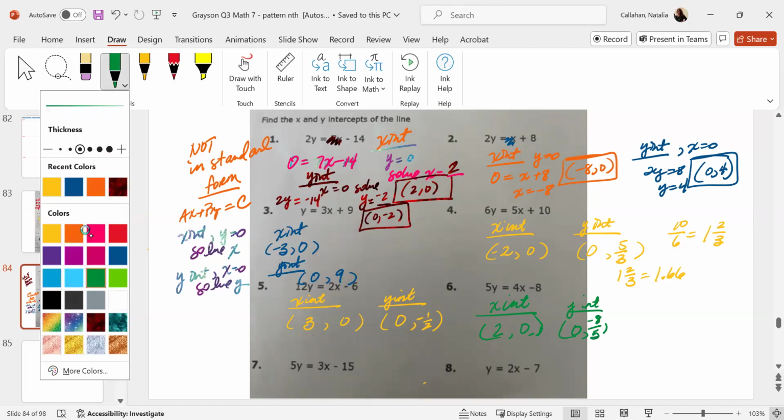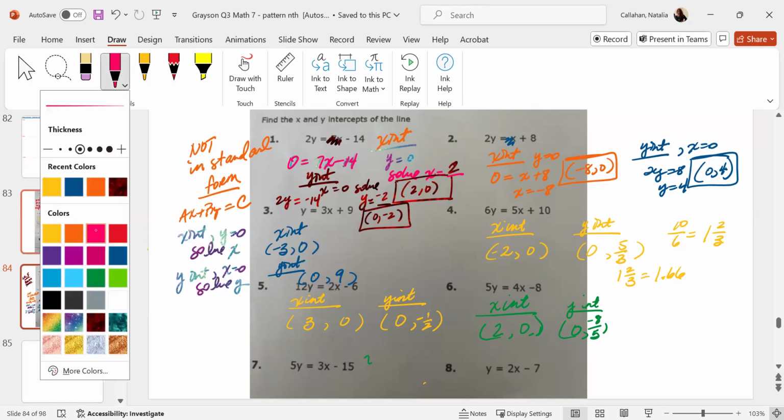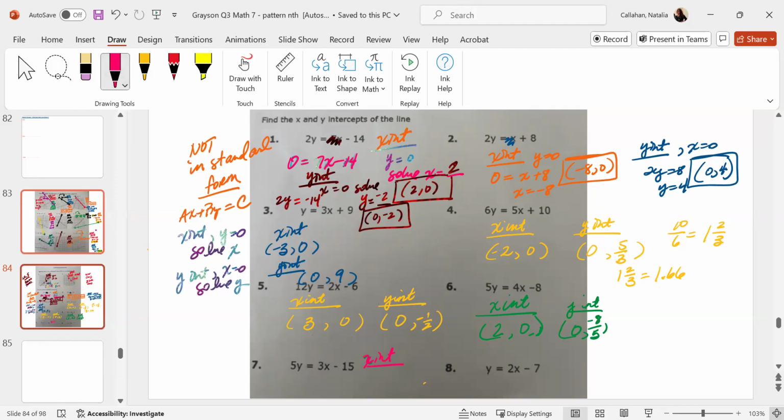Okay, number 7, what's the x-intercept? 5 and 0. So y is 0. 15, so it's 5 and 0. And what's the y-intercept? So x is 0, negative 3. Okay, last one. What is your x-intercept? 7 over 2, 3.5.